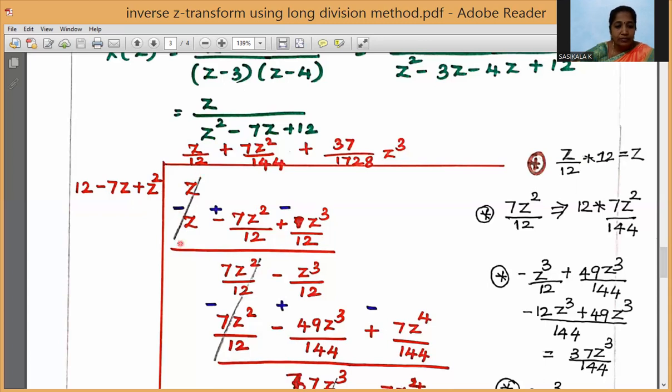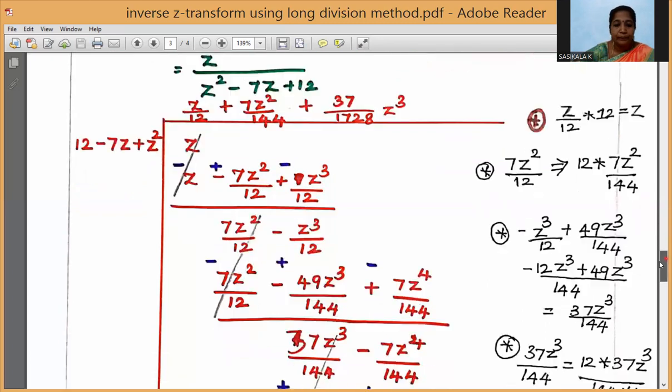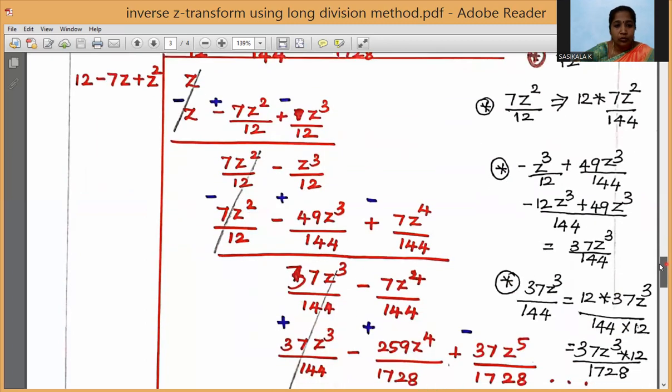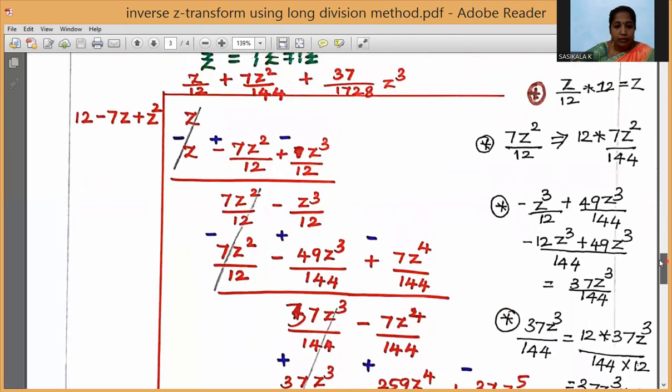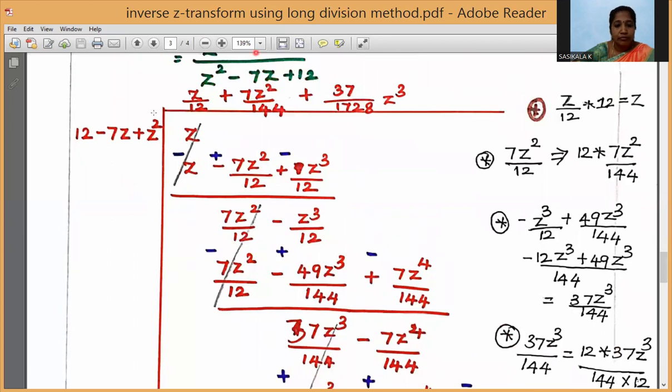So z and z minus z will get cancelled. So I'll be getting 7 z squared by 12 minus z cube by 12. Now I have to find a quotient such that this 7 z squared by 12 has to be cancelled. So 7 z squared by 12 I need.